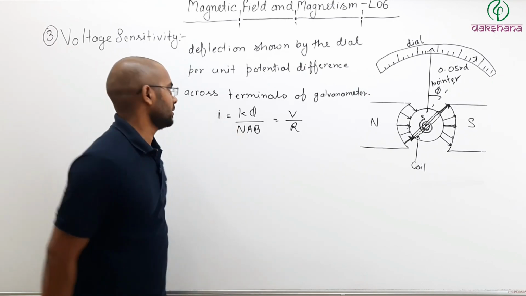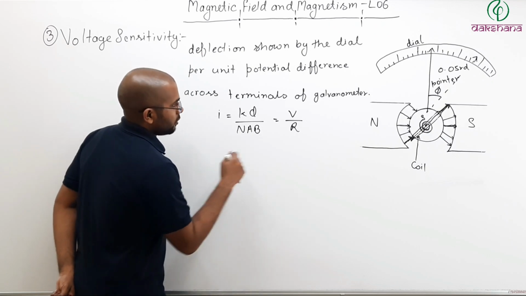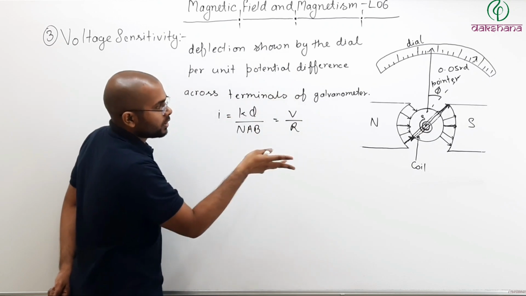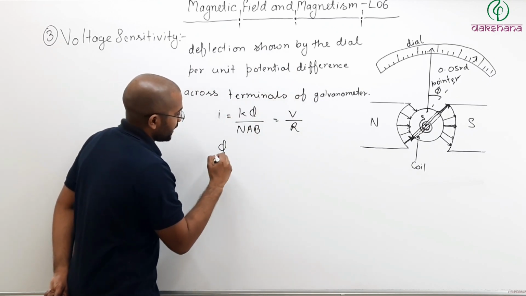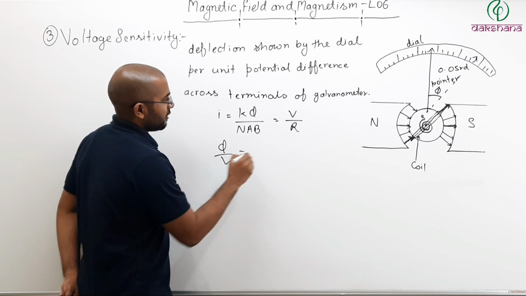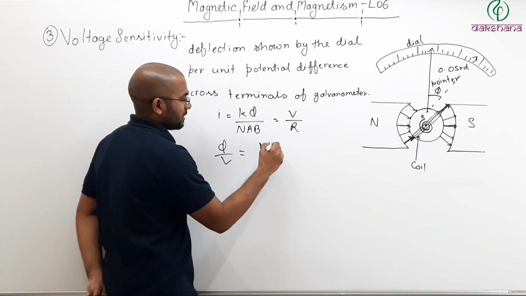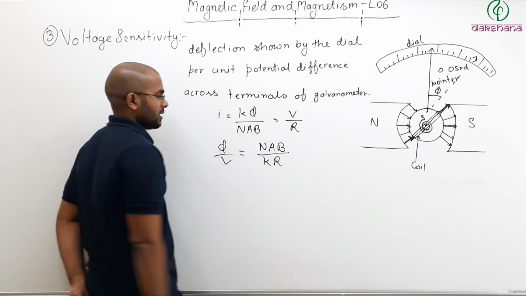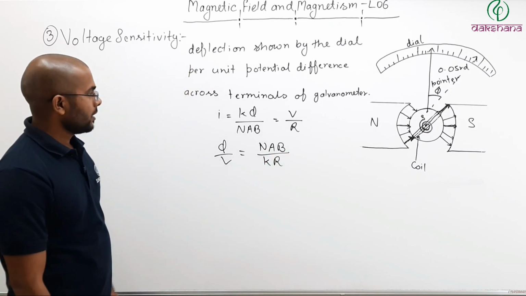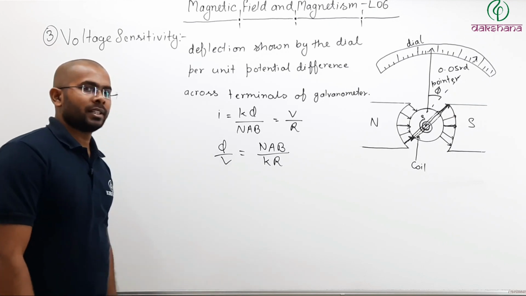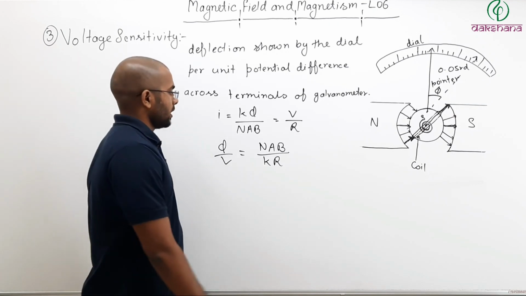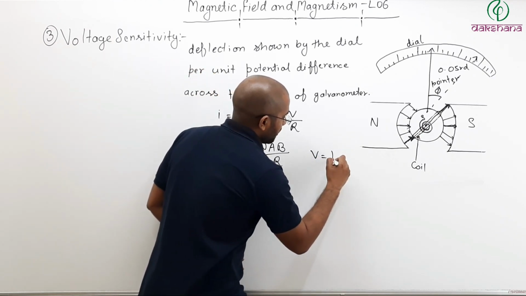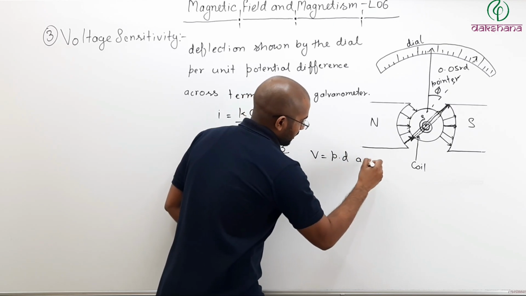So what is the voltage sensitivity? Deflection per unit potential difference, so phi divided by V, and phi by V can be written as NAB divided by K times R. So phi by V is equal to NAB divided by K times R. Now here everything is the same, just V is the potential difference across the terminals.